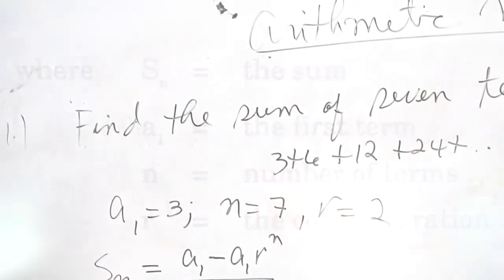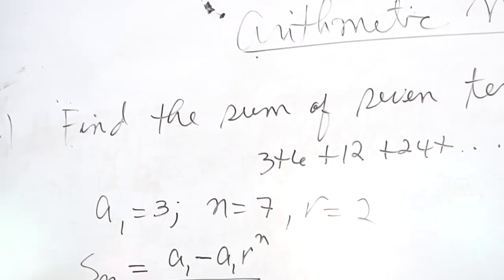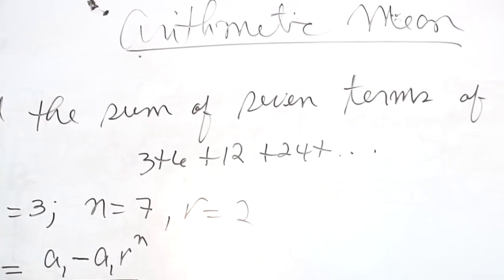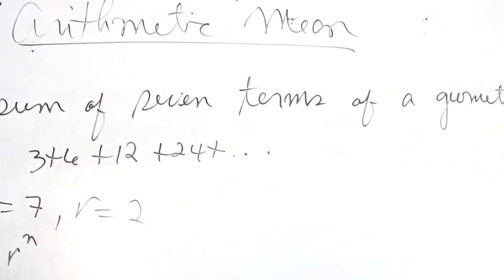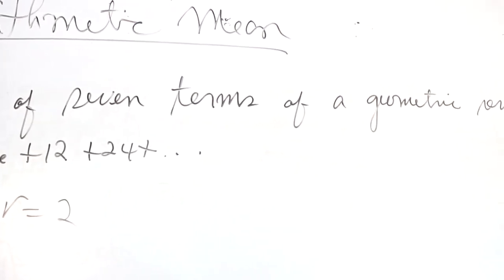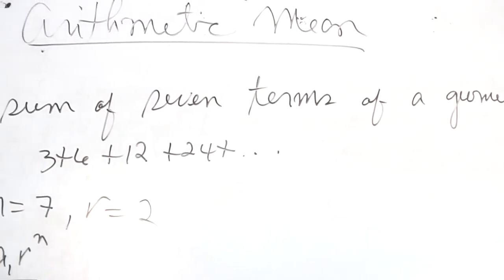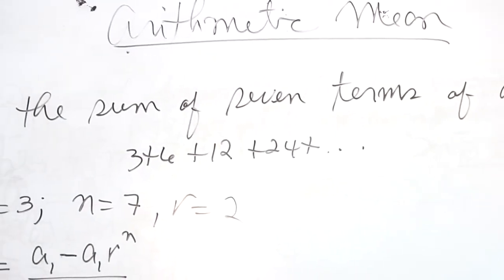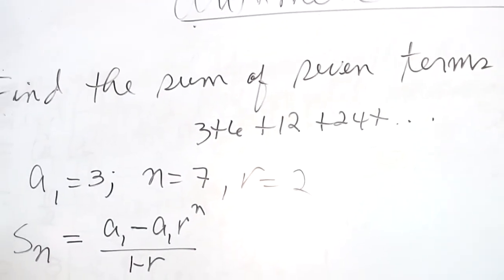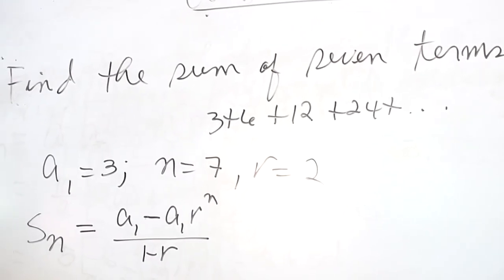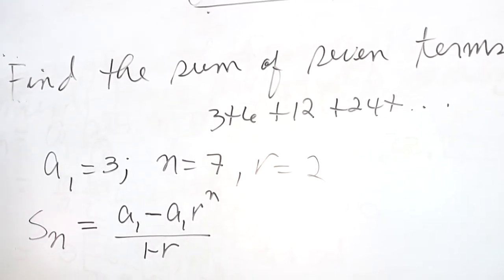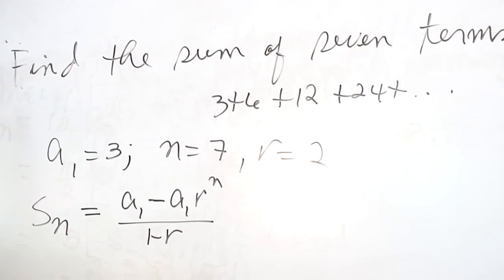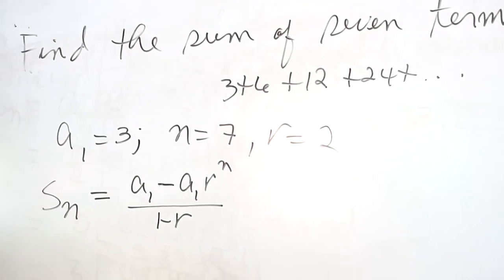Okay, example number 1. Find the sum of the 7 terms of a geometric series: 3 plus 6 plus 12 plus 24. Then the first term equals 3, the number of terms is 7, and the common ratio is 2.